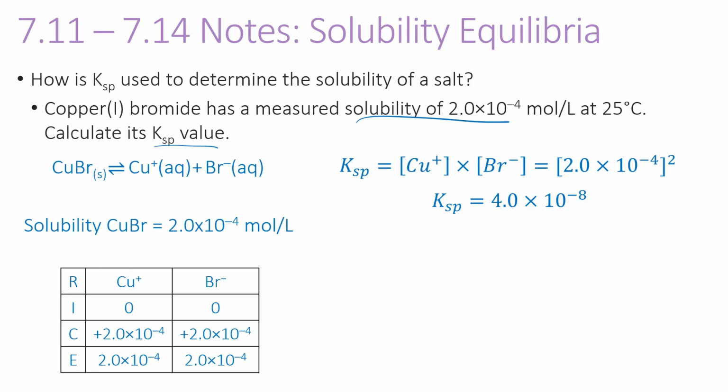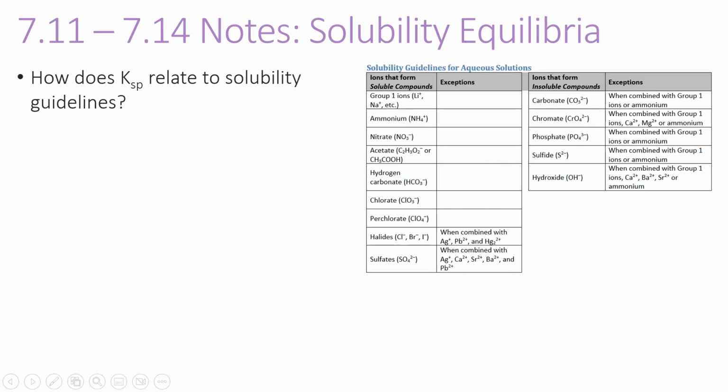So KSP lets us figure out how much of a salt is going to actually dissolve and be present in the water at equilibrium. So how does KSP relate to the solubility guidelines? Compounds that have a large KSP are what we would call soluble.